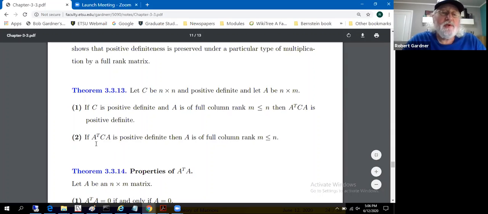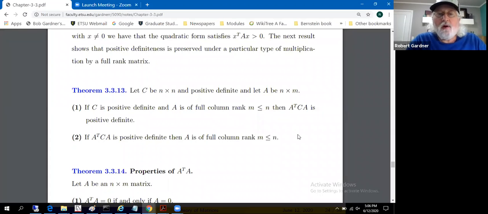This is the converse. If A transpose CA is positive definite, then A is a full column rank. Given the dimensions of A, the column rank will be M, and M will have to be less than or equal to N to get that full column rank. Okay, so we'll go through proof of that.